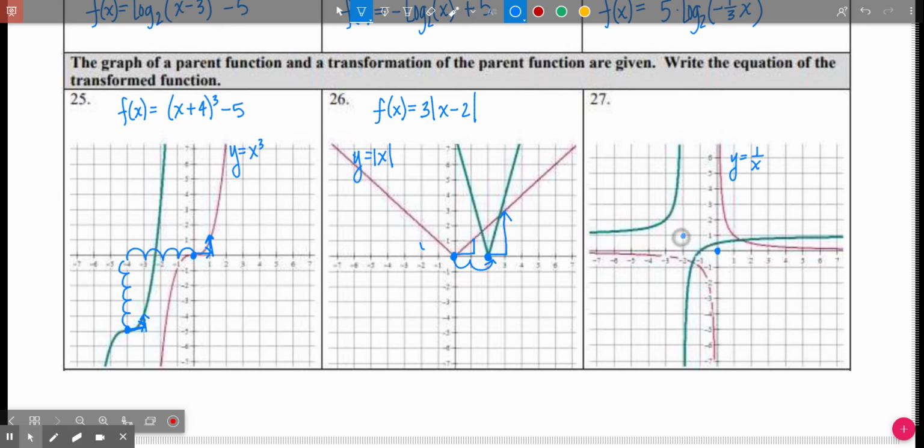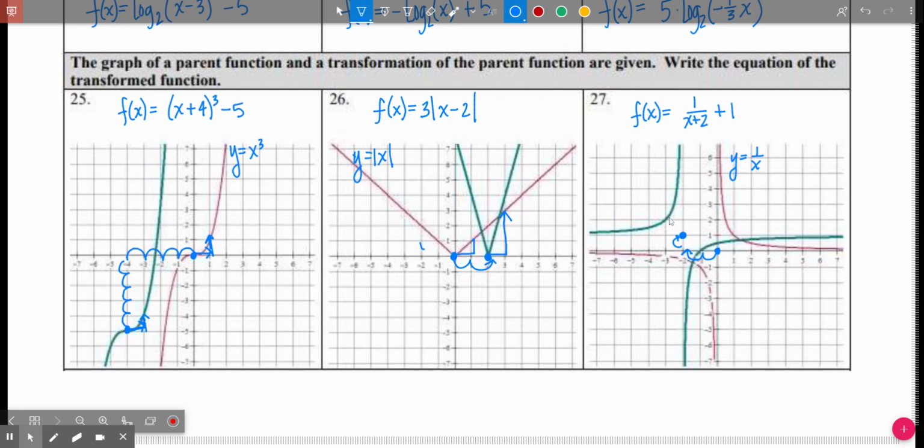The center of my transformed function is here. So I had to move left 2 and up 1. So I have f of x is equal to 1 over x plus 2 plus 1.